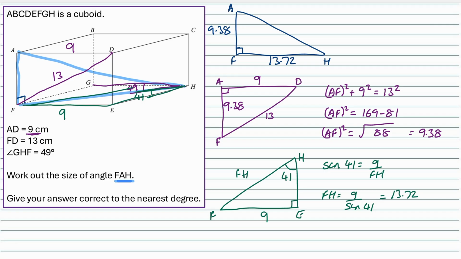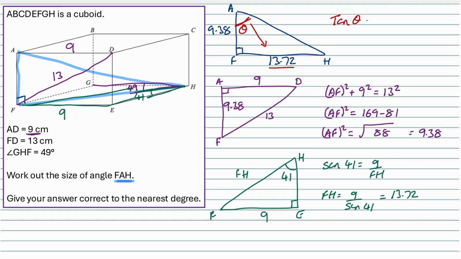So now we can work out the size of the angle F to A to H, which is this angle here. Again, using trigonometry, because now we've got the opposite side, which is 13.72, and we've got the adjacent side. So we'll use tan. I'll call this angle theta.